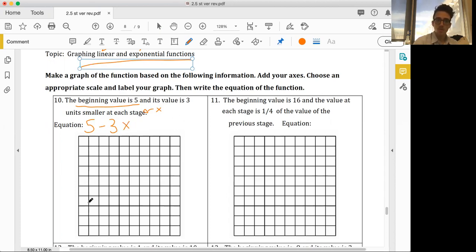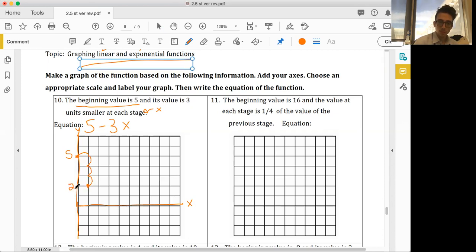All right. If I wanted to graph this out, I'm going to call this my x-axis. This is my y-axis. Our starting number is 5, which I'm going to put right here. Let's call this x, call this y. 5 minus 3x, it's going over 1, down 3.